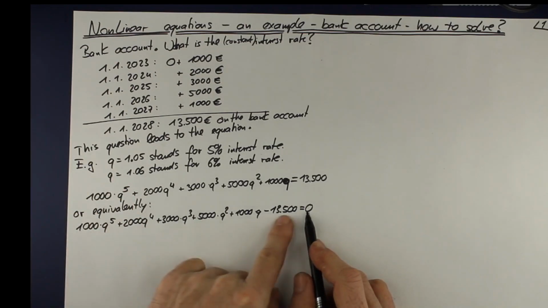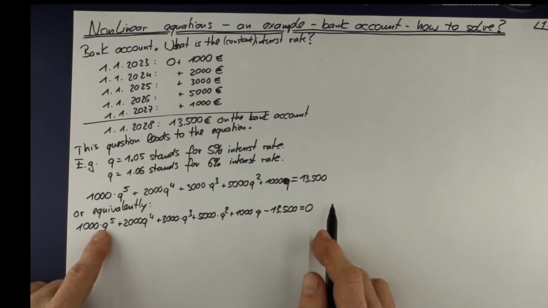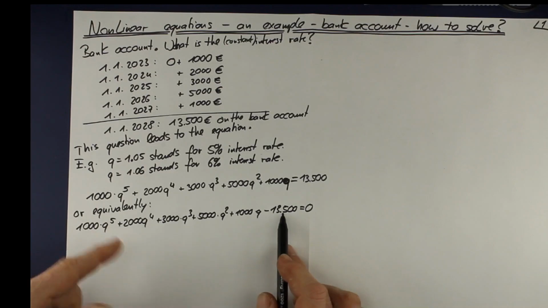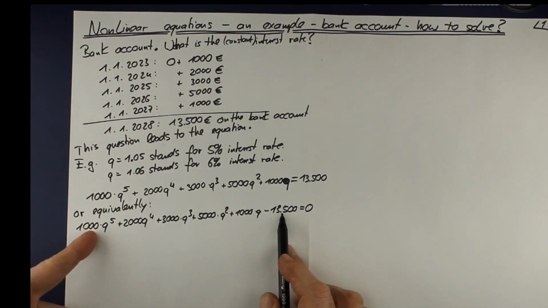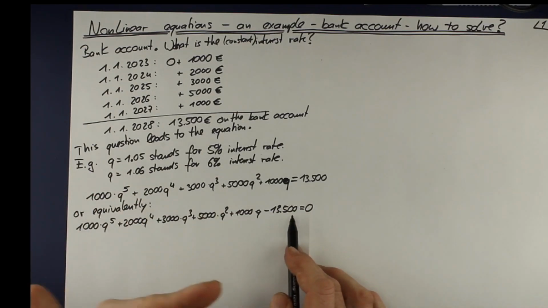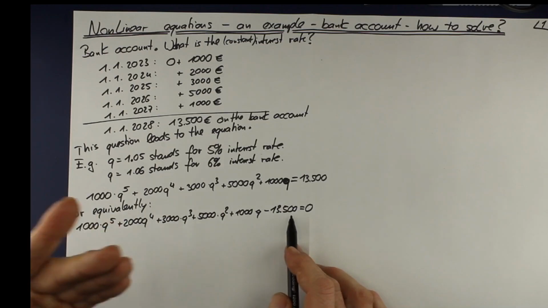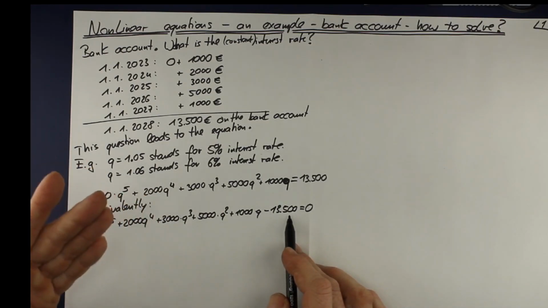And we are looking for the q satisfying that equation. With q is 1, we get minus 1,500. With q is 2, we get a very large positive number, and so in between there is a solution of that equation. What is the natural question everybody asks?